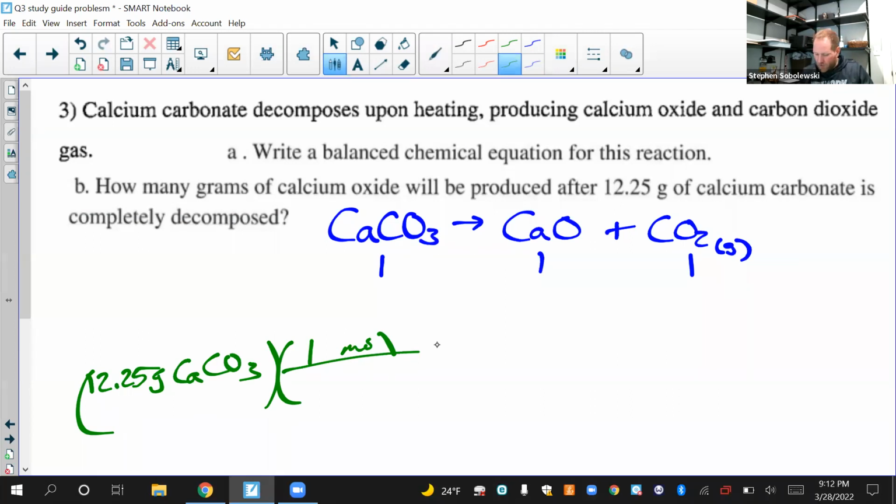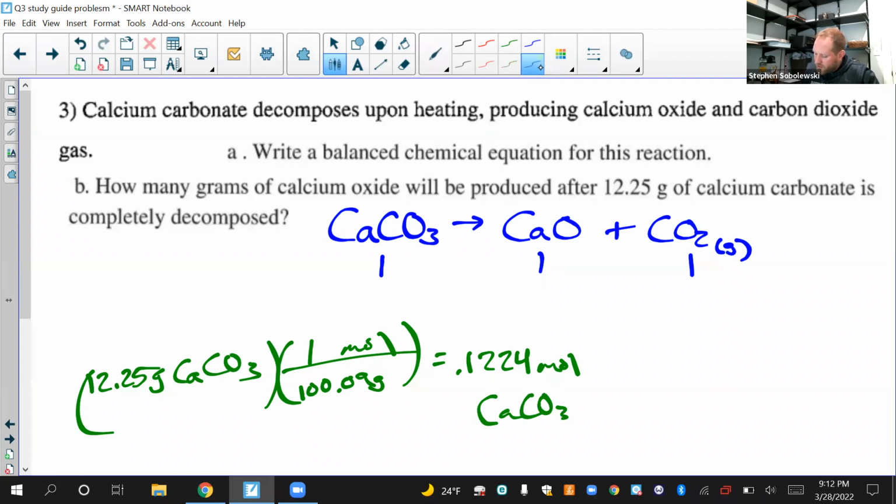So 40.08 is calcium, 12.01 is carbon, and we add 3 O's, which is 48, gives us 100.09 grams. 12.25 over 100.09 gives us 0.1224 moles of CaCO3. I'm going to put that right underneath here for organization. So that's my moles of calcium carbonate.